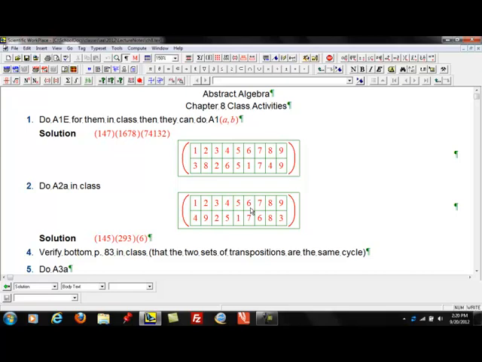Where does 6 go? 7. Where does 7 go? 6. So we don't write it down. Then 8 is the next one, but 8 goes to itself, so we don't put it down at all. And 9 we have covered, so we're done. That makes sense? 9's taken care of, so we don't have to worry about that.